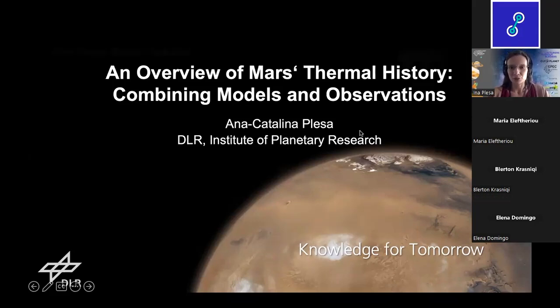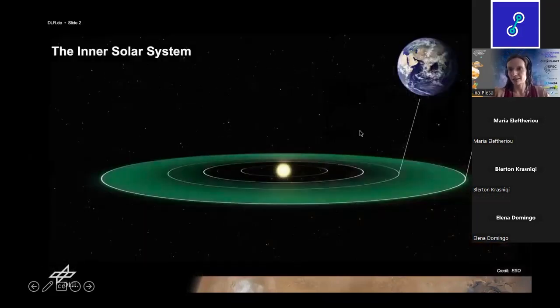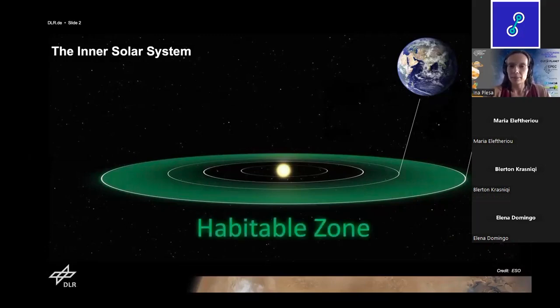Right. So first of all, why are we interested in Mars at all? Well, if you look at our solar system, Mars is, as the Earth, a rocky planet, and it's an Earth-like planet. And as you can see here, Mars orbits the sun, our sun, at the edge of the habitable zone, right?